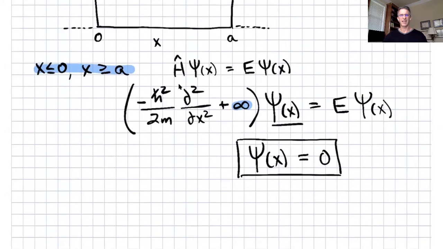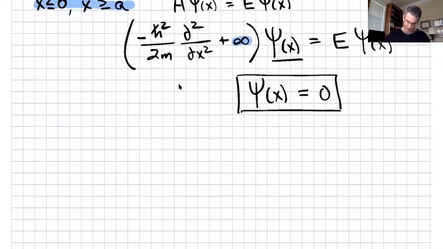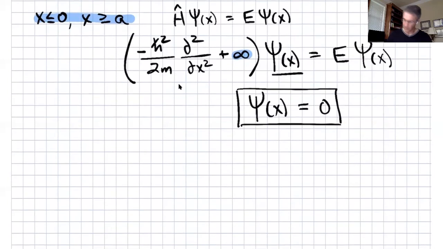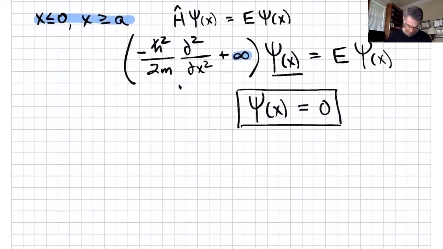So what about the case that would kind of matter? How about inside the box? Inside the box, we have a situation where x is greater than 0 but x is less than a. That's going to be inside the box.